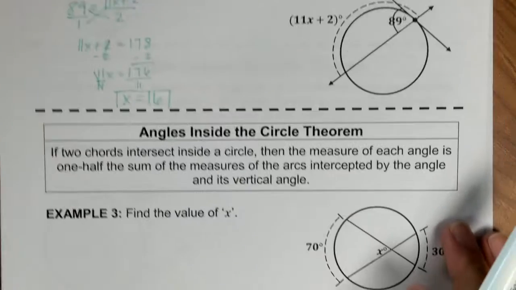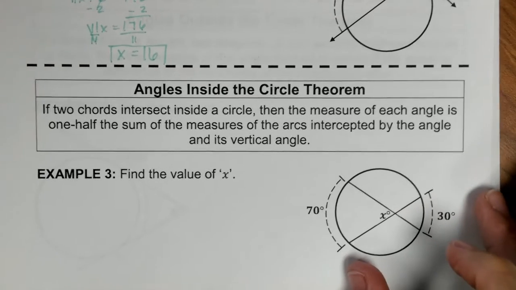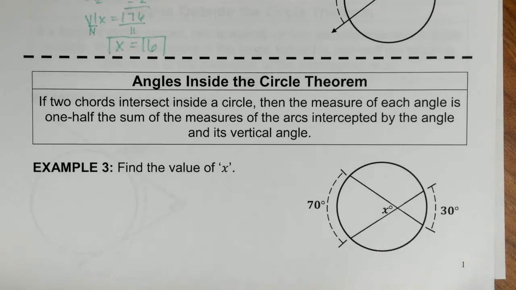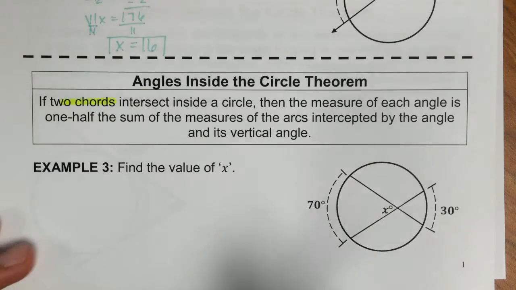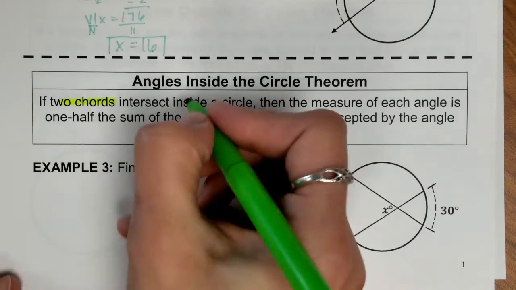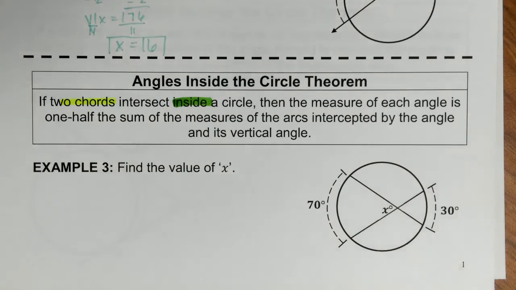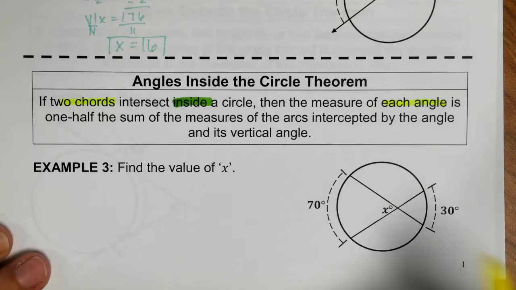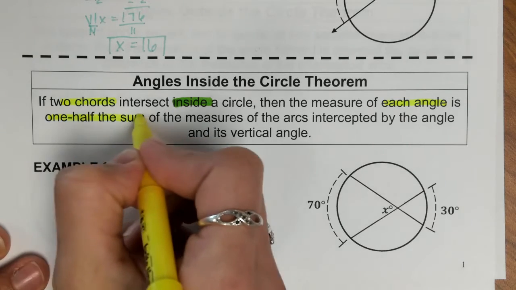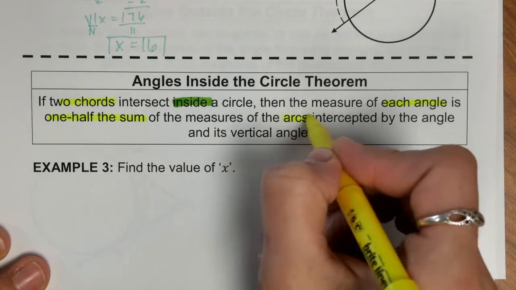The next theorem we talk about is your angles inside the circle theorem. Wow, what a name, right? So we've got angles inside a circle. This is going to deal with 2 chords. So if we have 2 chords that intersect inside a circle, so now we're going inside the circle, then the measure of each angle, okay, so we're looking at the angles here, the measure of each angle is 1/2 the sum of the arcs.